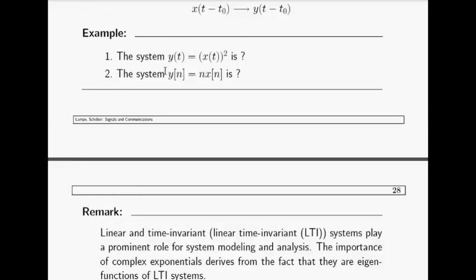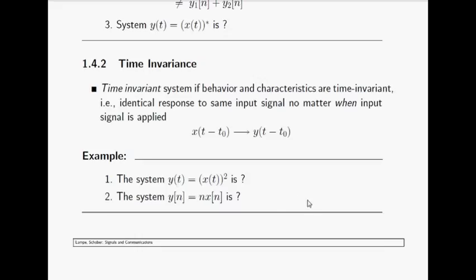Okay, y(t) is equal to x²(t). To check this, take the signal x1(t) equal to x(t minus t naught).